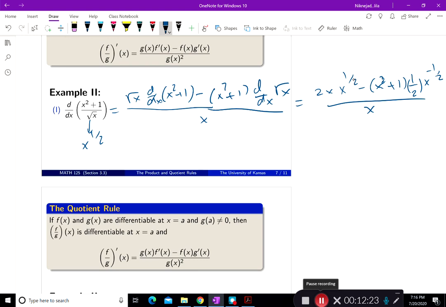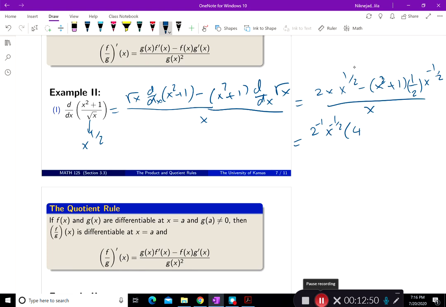It makes sense to factor out x to the power negative 1/2 and 2 to the power negative 1. So what would that bring us to? 2 to the power negative 1 and x to the power negative 1/2. This one has 2 divided by 2 to the power negative 1 makes 4, as x, and x to the power 1/2 divided by x to the power negative 1/2.